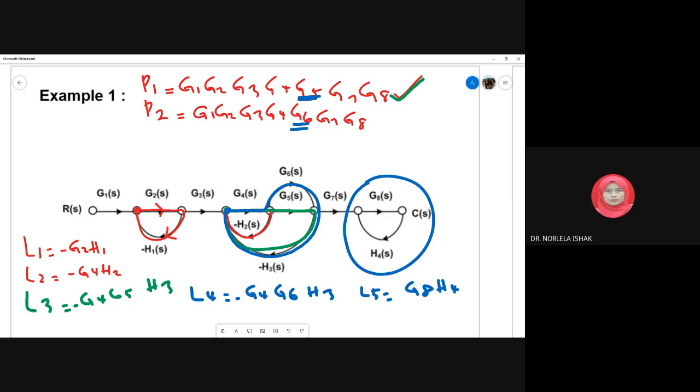Okay, so just now, we talking about non-touching loop. Okay, we want to find out one non-touching loop. Okay, first step, kita dah define.